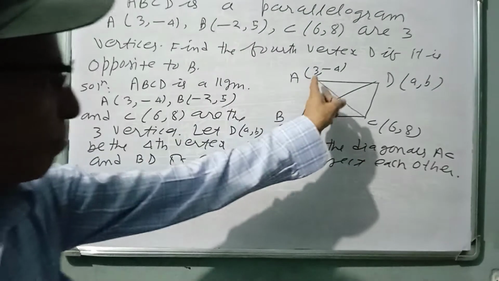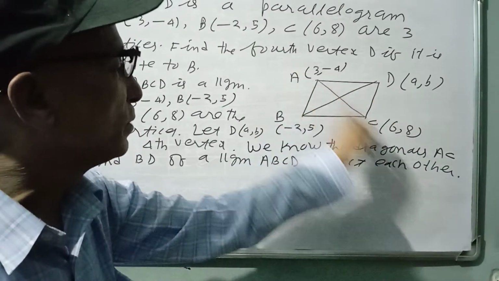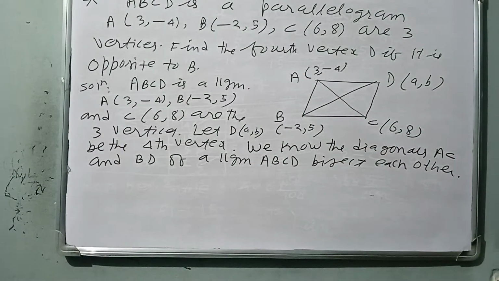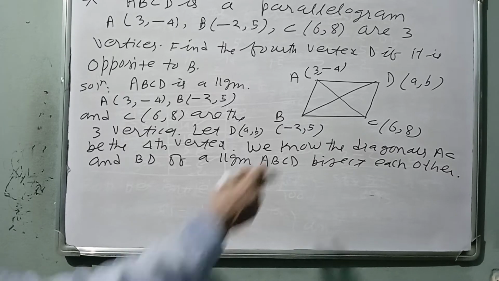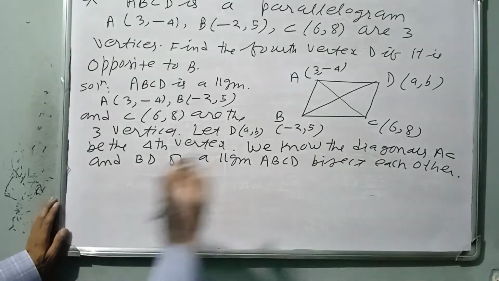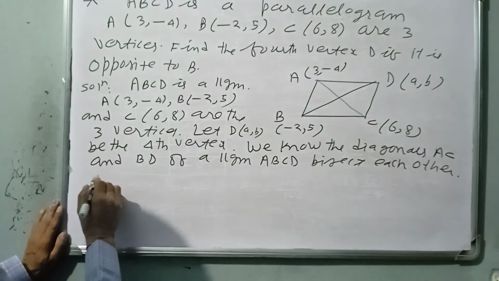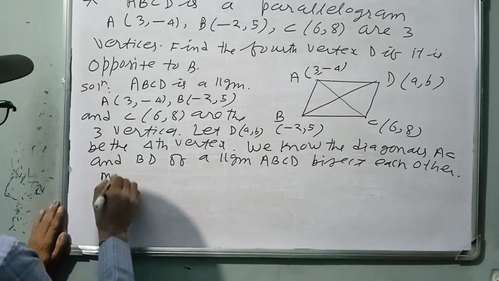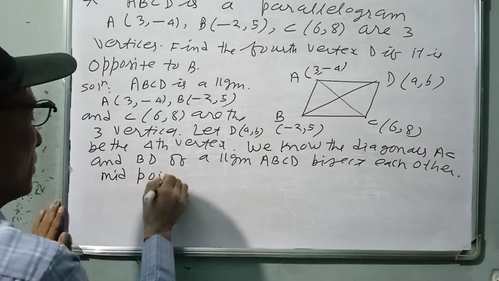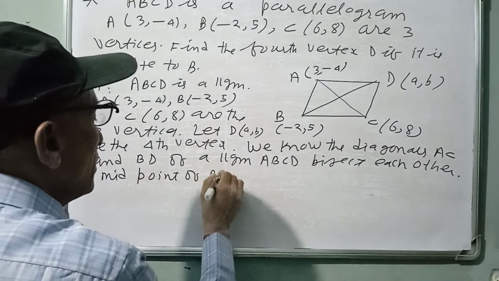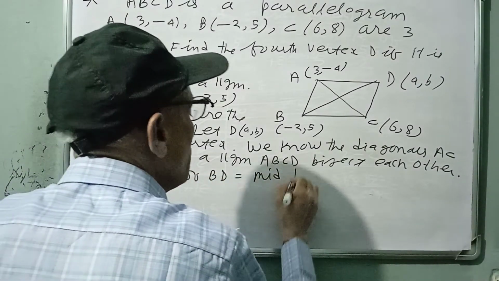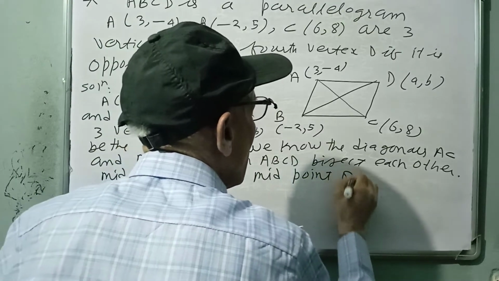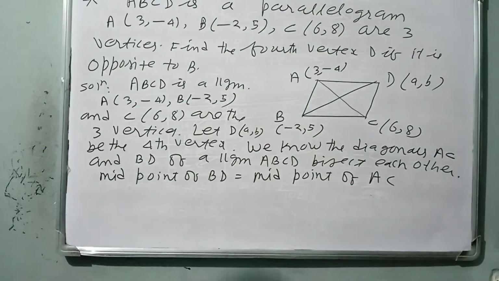It means the midpoint of BD and the midpoint of AC are equal. What is the midpoint of AC and the midpoint of BD? Equal, because ABCD is a parallelogram, as given. Bisect each other means the midpoint of BD equals the midpoint of AC.